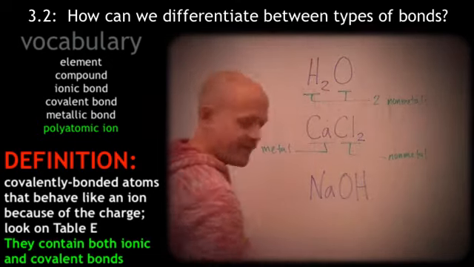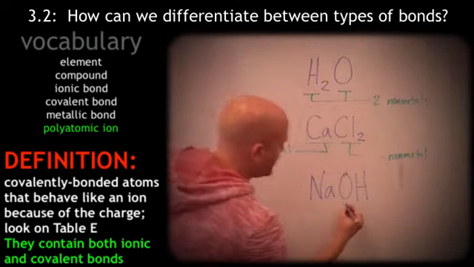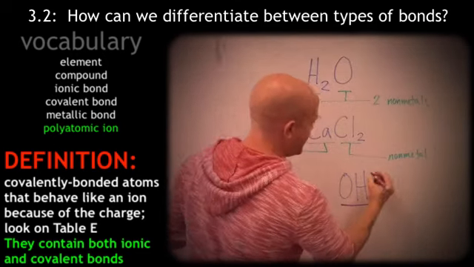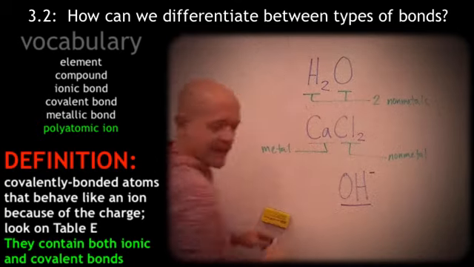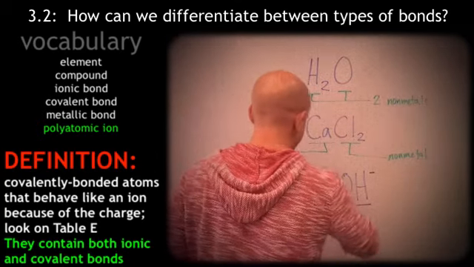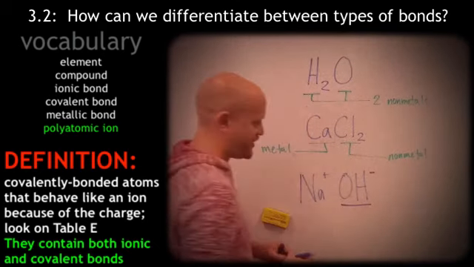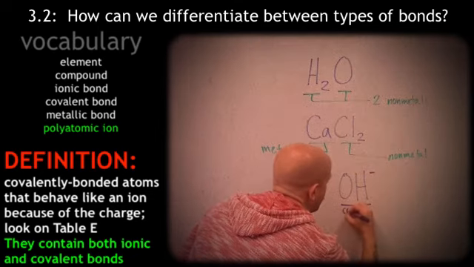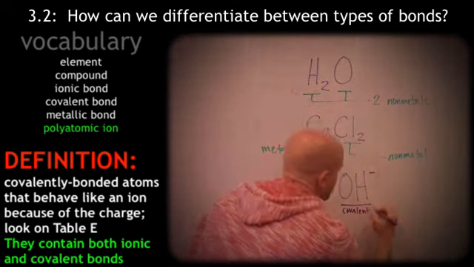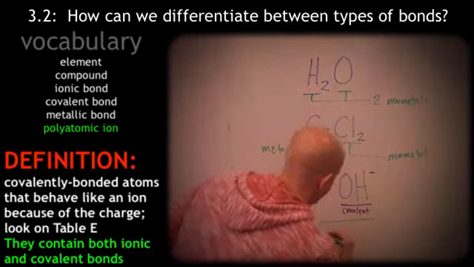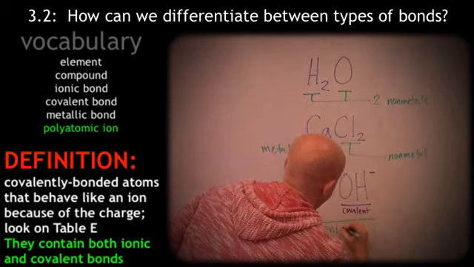In other words, I have OH, which is hydroxide. OH has a negative charge. It is attracted to sodium, which is positively charged. So this right here has a covalent bond, and the entire thing, sodium hydroxide, is ionically bonded.